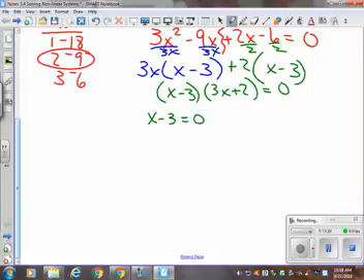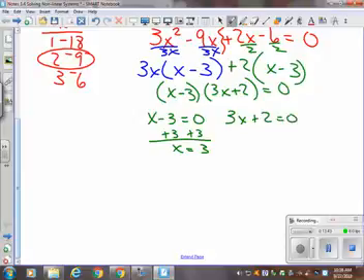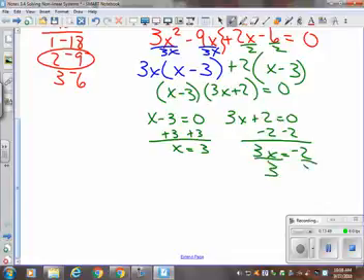For example, if I set this parentheses equal to 0, won't I add 3? Well, doesn't that just look like the opposite? Solving just makes it the opposite. Does that make sense? Over here, I have 3x plus 2 equals 0. So I'm going to take 2 away and divide by 3.